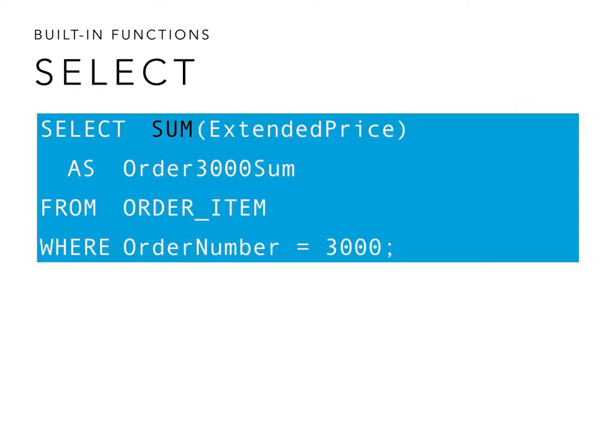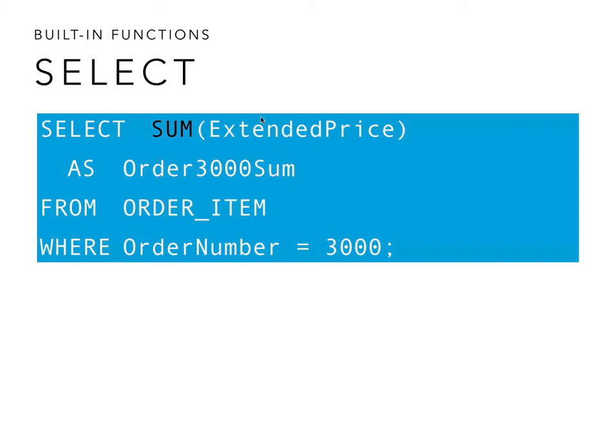So if I select the sum, parenthesis, of extended price, as order 3000 sum. If you say AS, you're basically naming the column that you're going to get back. You can kind of think about it as a variable, but it's not exactly a variable because you can't manipulate it.